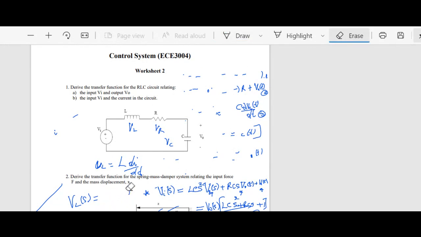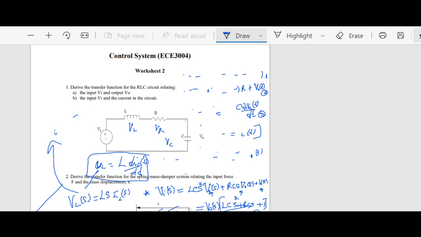So let's go back again and take the Laplace. Taking the Laplace of this function, which relates the inductor voltage with the inductor current IL of t, we end up with VL of S equal to L, and because it's a derivative of IL of t, S times IL of S. Now, from this expression, we know that reactance is voltage divided by current.